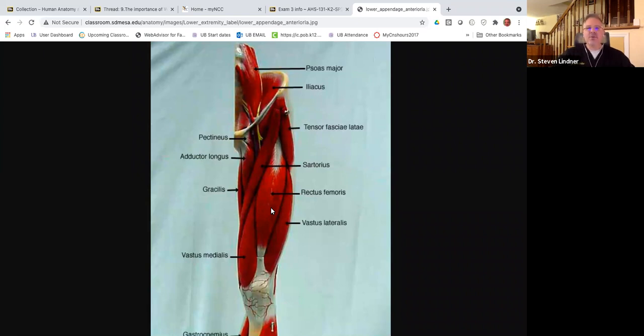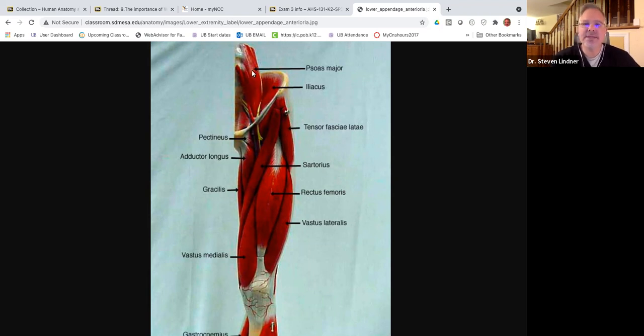Okay, so let's look up at top, and you'll see that we have psoas major and iliacus. These two muscles are on the anterior hip, and they are primary hip flexors.